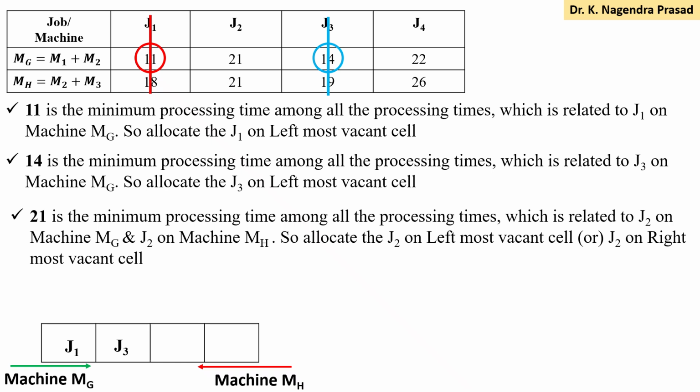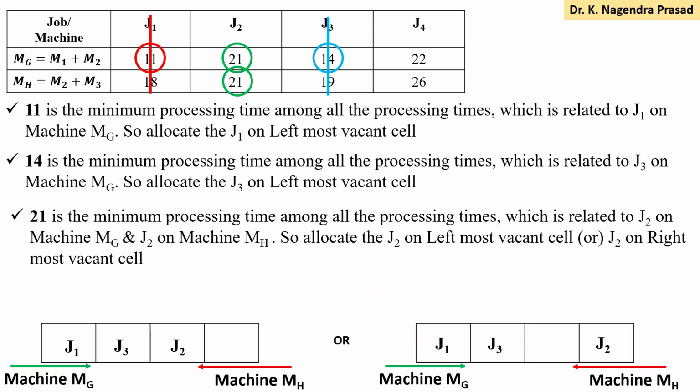So first we allocate J2 on the leftmost vacant cell, or maybe we allocate J2 on the rightmost vacant cell. Now it is forming two kinds of sequencing order. We will get the same solution for both. Later we will check.